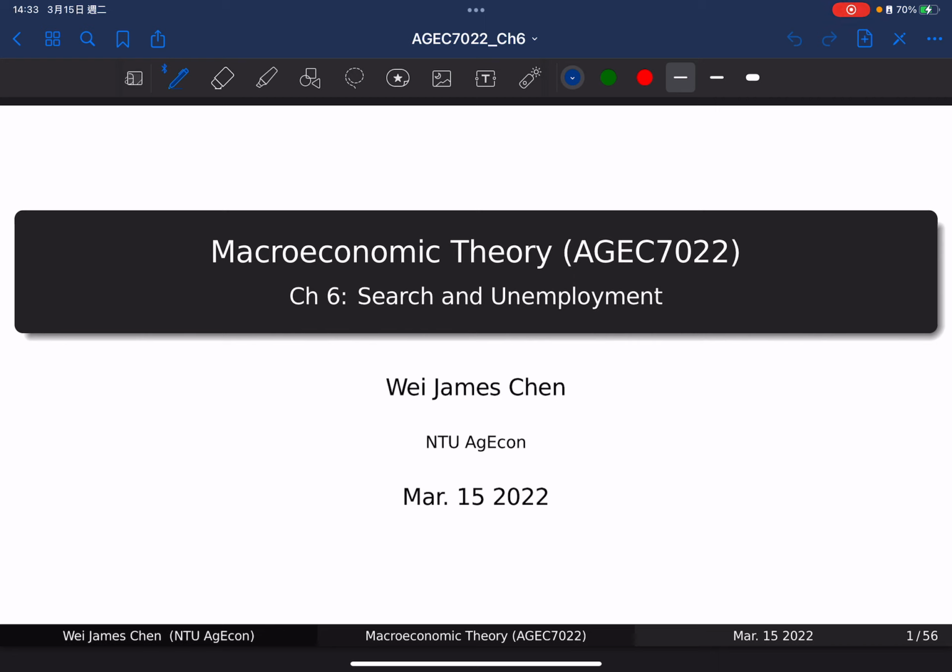Okay, so here, we will show you actually not just one model, but two models that both explain the phenomenon of unemployment. Why are we going to have two models? You will see that one of the models is a dynamic model, so it can capture the dynamic feature of this phenomenon.